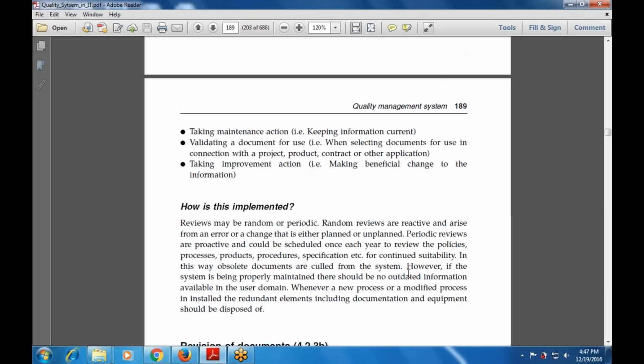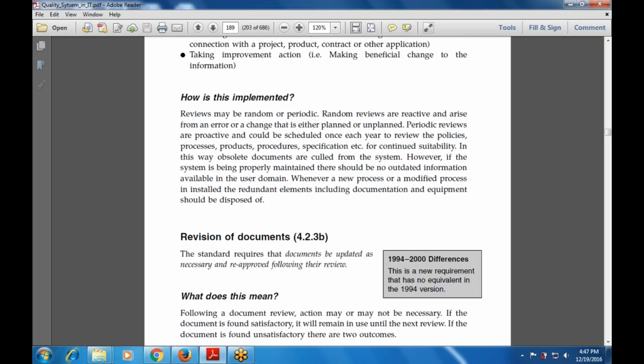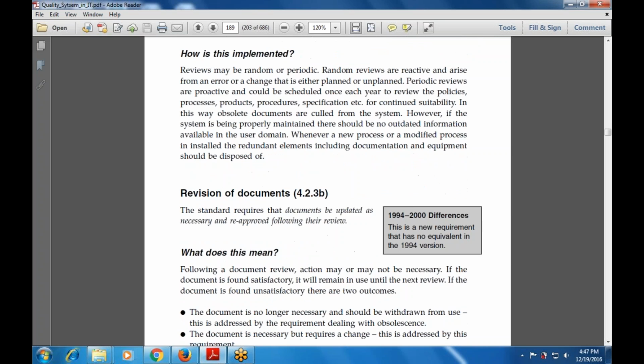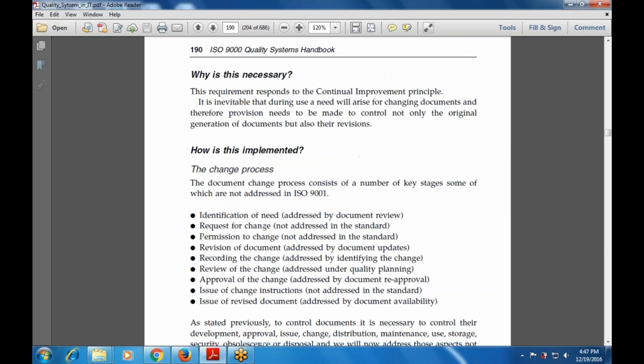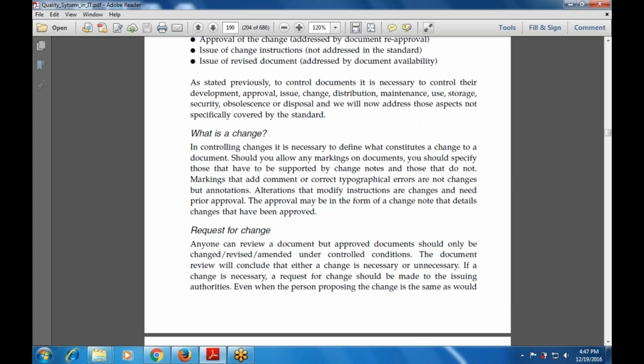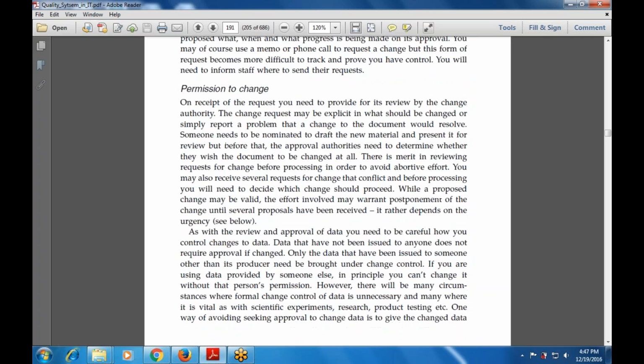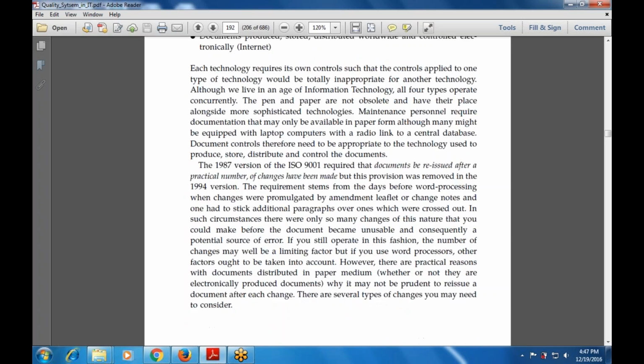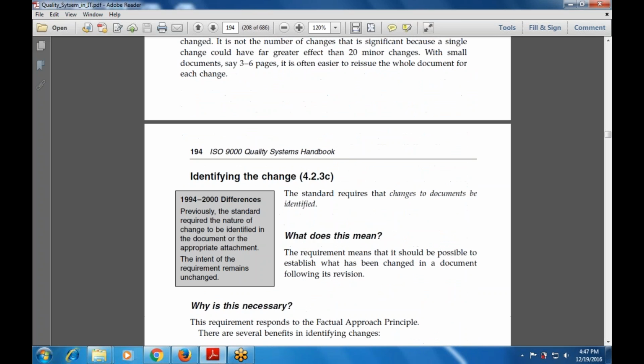This is again implemented by using random reviews, so that the documents will be updated as necessary and re-approved following their reviews. These are the various documents that are prepared for the manuals.